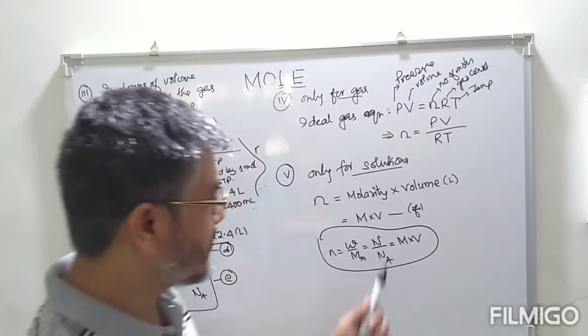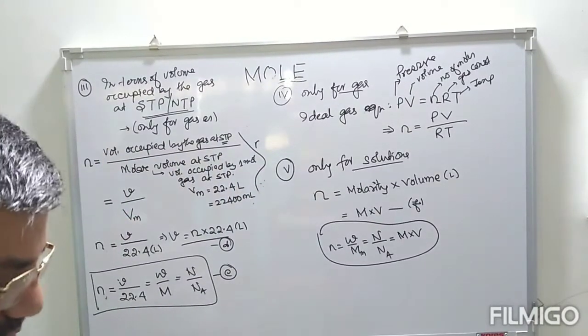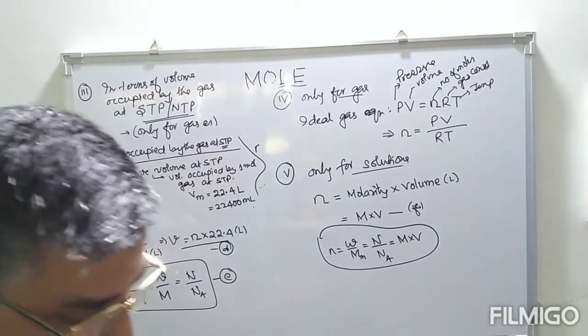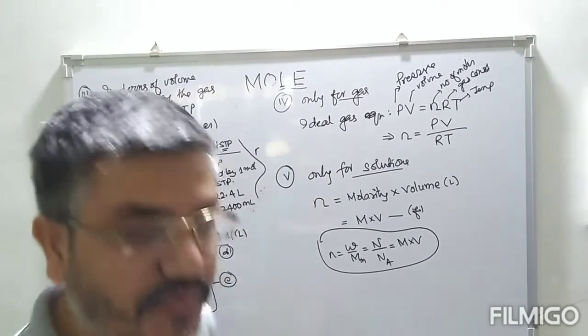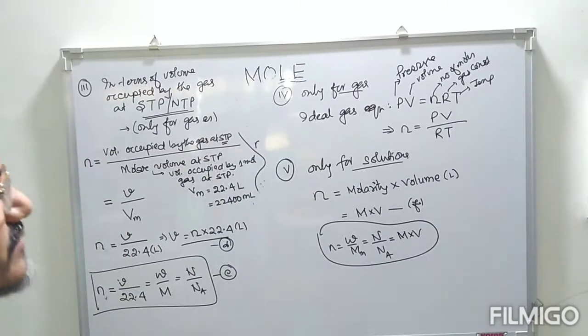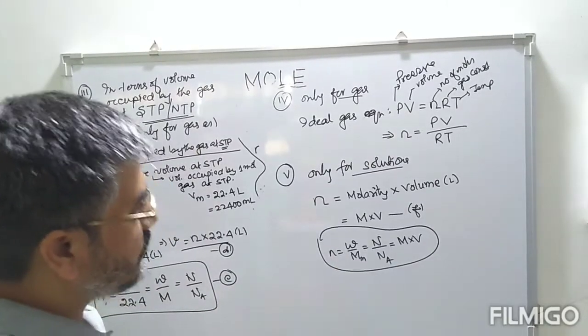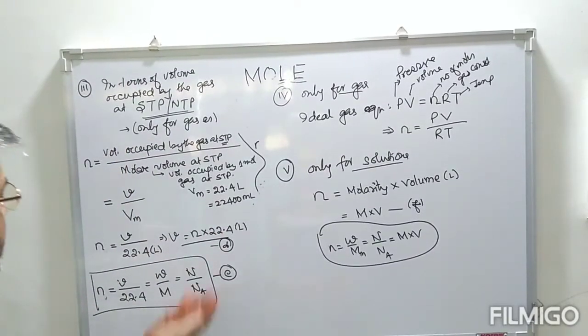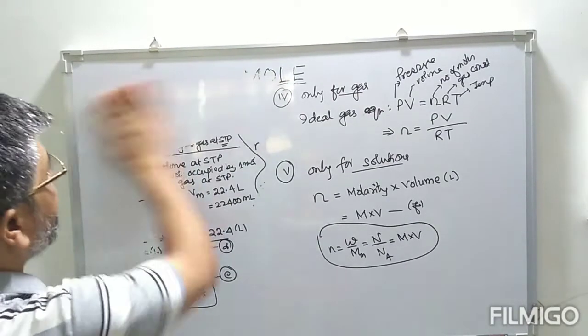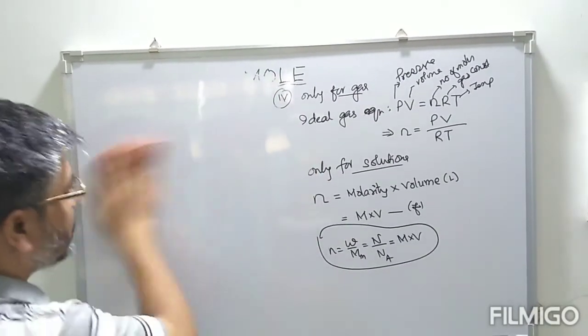calculated, let's apply these equations in solving problems, because once I give you some problems, it will be much easier for you to understand how different formulas can be used to define the mole. So let me give you a simple example.